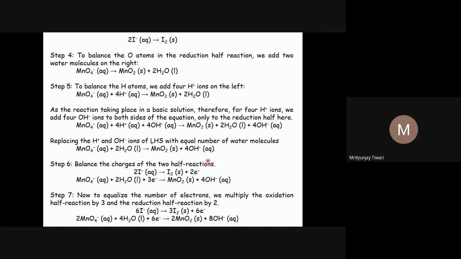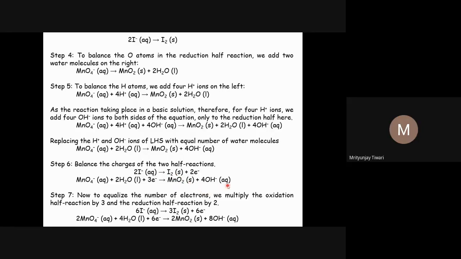To balance it, we need to add 3 electrons to the left hand side. If I add 3 electrons, I get minus 1 and minus 3, which is minus 4 charge, and here there is minus 4 charge on the right hand side. So now both the reactions are balanced in terms of charges.